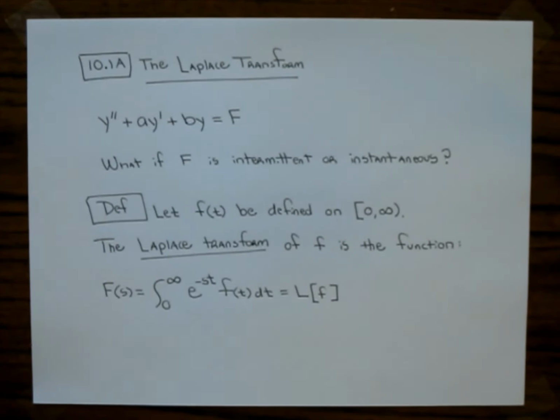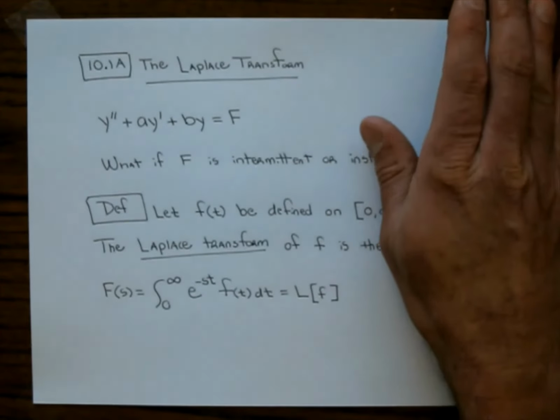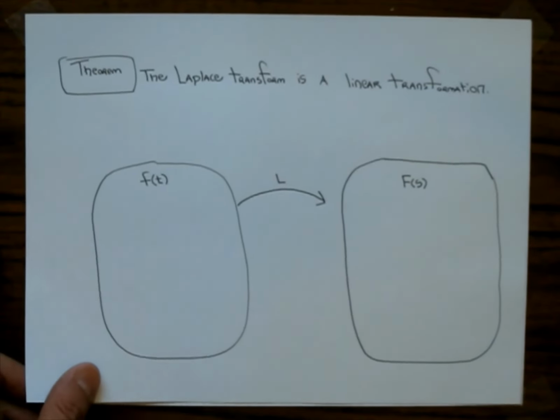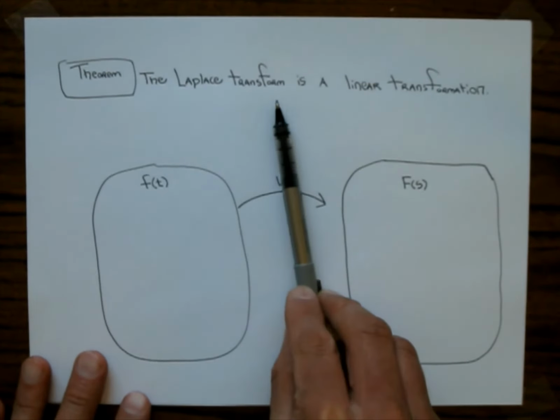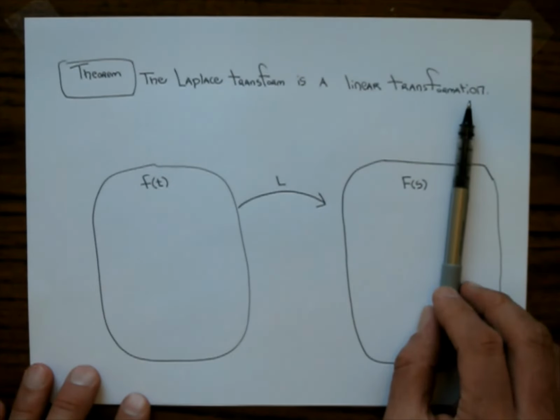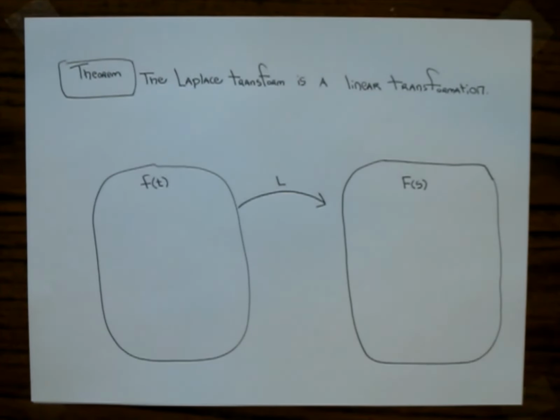What are we going to be doing in 10.1a? We're going to be computing some Laplace transforms. But before we do that, let's go ahead and show you this theorem, which says the Laplace transform is a linear transformation. Wow. Okay, so what does that mean?